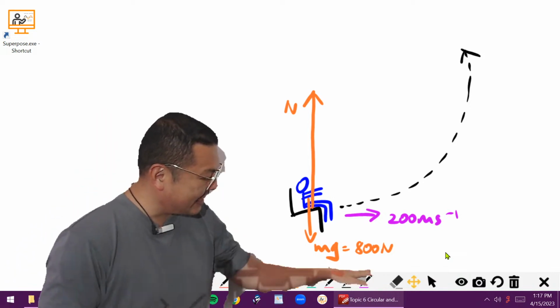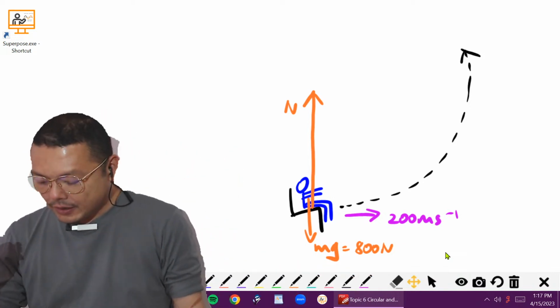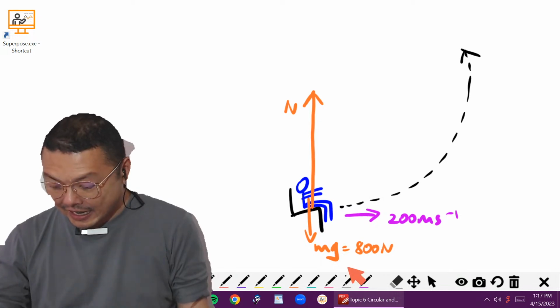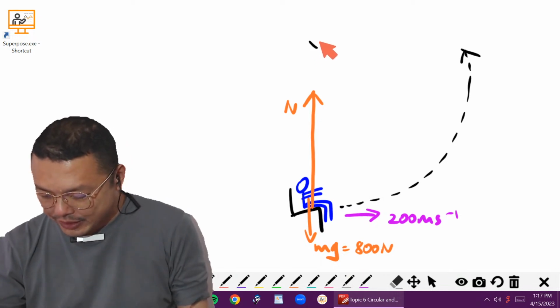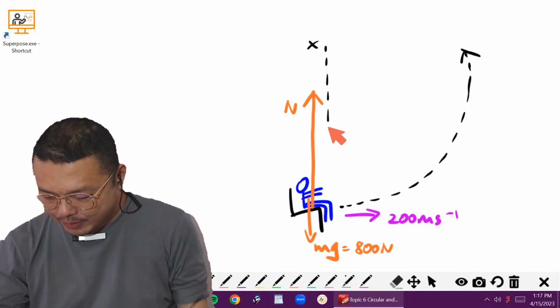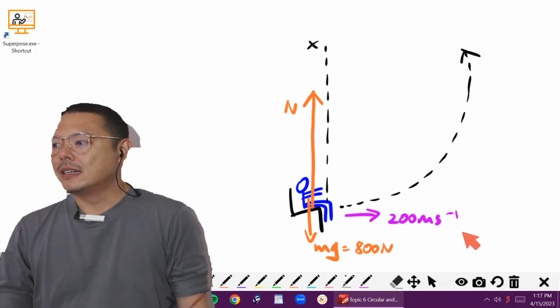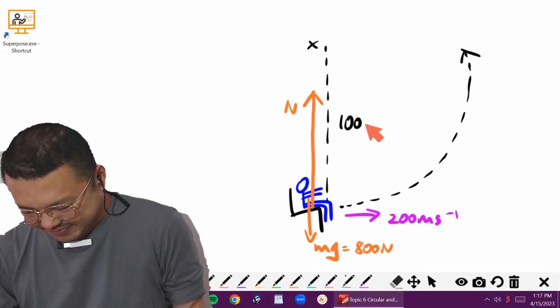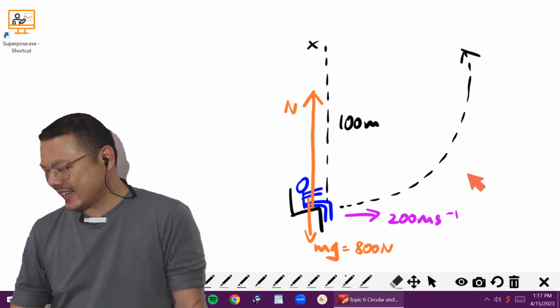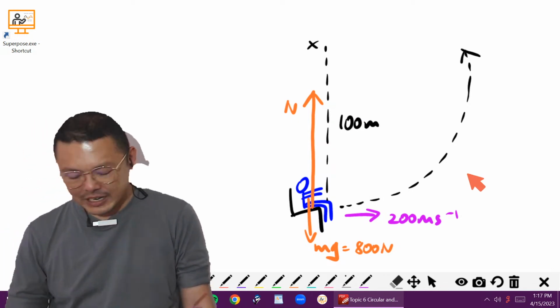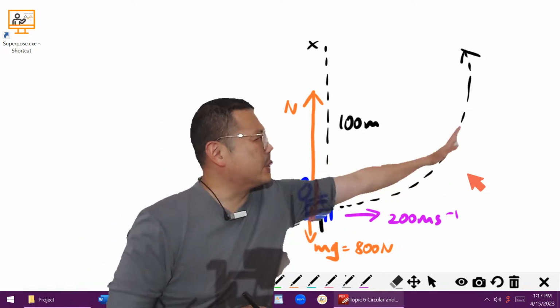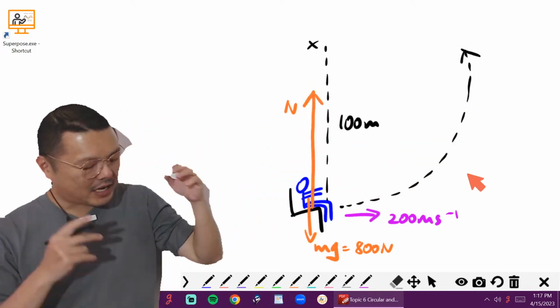Okay, so there's a weight here, and like I said, I don't know the numbers here, so I'm just going to assume that this is a 100-meter turn. Let's say the radius of this turn is 100 meters. It's going at 200 meters per second, going into a circular motion where the radius is 100 meters.